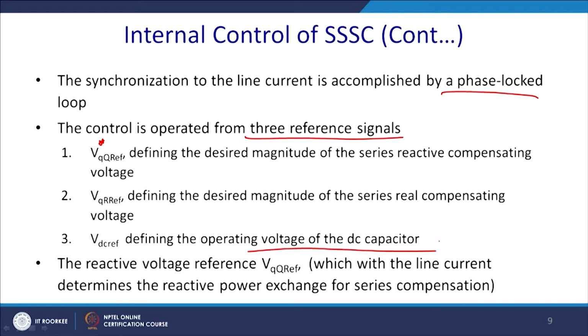The reactive voltage reference, V capital Q small q ref, will change dynamically depending on the magnitude of the injected voltage, which with the line current determines the reactive power exchange with the series compensation. So, that is the term that will decide the amount of the compensation with SSSC.